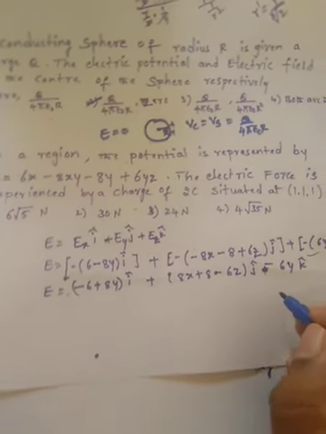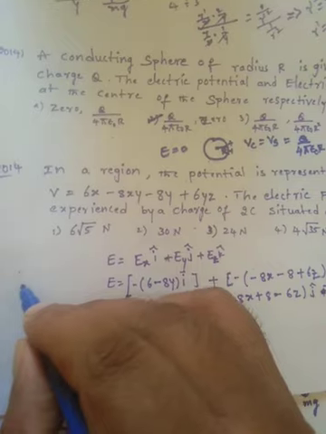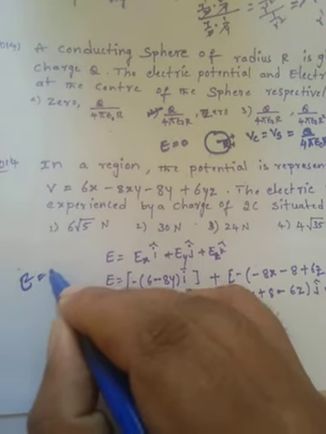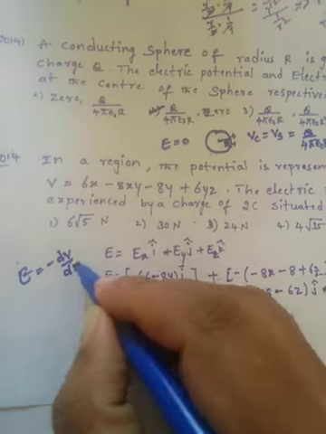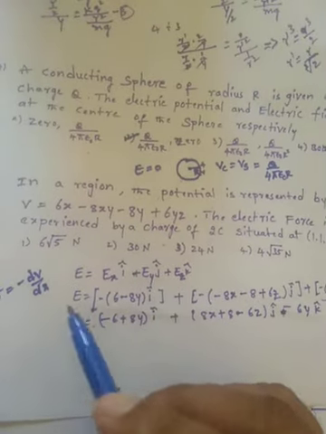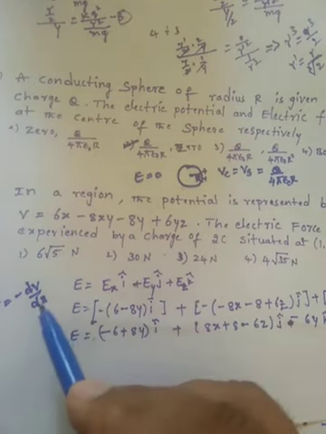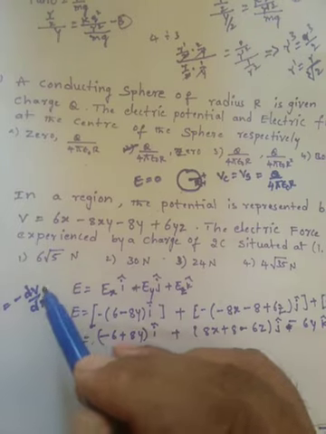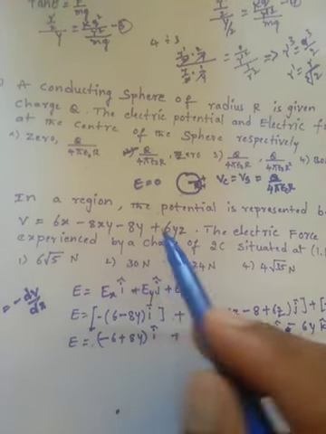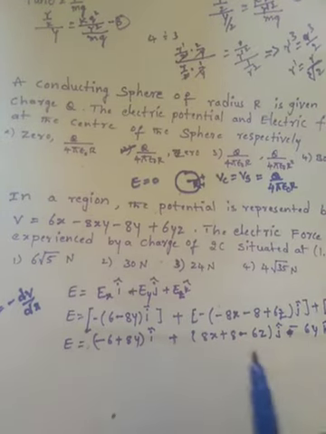Now you know the relation between electric field intensity and electric potential, that is E equals minus dV by dx. So if you want to get Ex, we need to differentiate V with respect to x. If you want to get Ey, we need to differentiate V with respect to y. To get Ez, we need to differentiate V with respect to z.